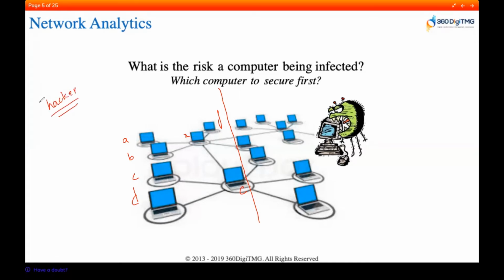He wants to hack the data from all the machines, from X to A, B, C, D, E, F. In order to hack the data from these systems which are connected to each other, which computer does he have to start from to collect the data, which computer does he have to hack so that he will be able to get access to all these machines which are connected to each other? Could you please let me know which computer is connected more here, which has more connectivity?